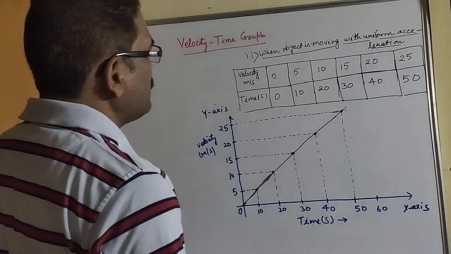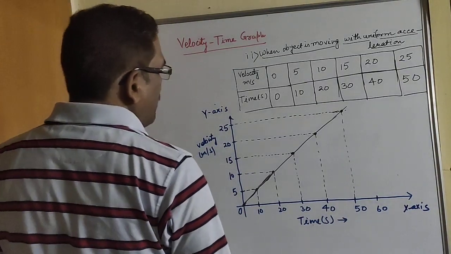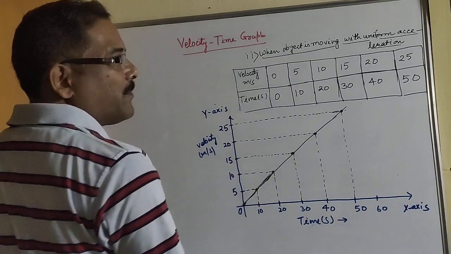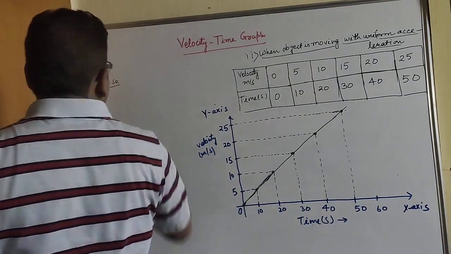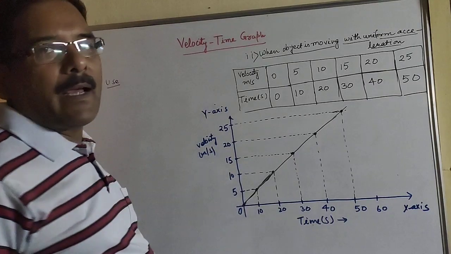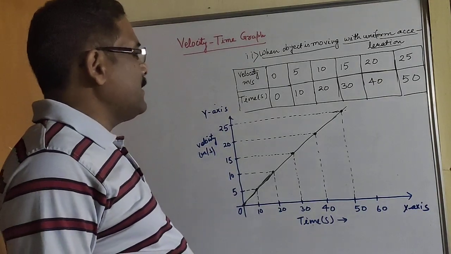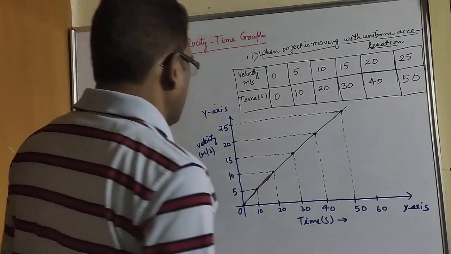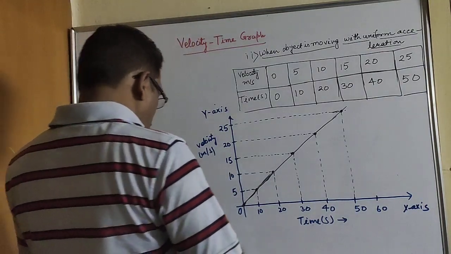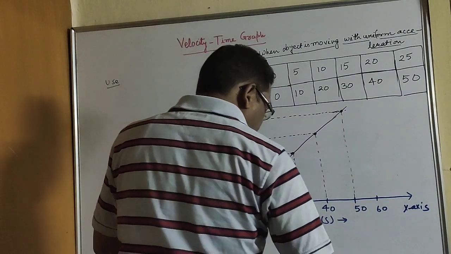Now again, what are the uses? First, that you can calculate the magnitude of displacement from this graph. Uses are, you can calculate the magnitude of displacement, and you can also calculate the acceleration. So suppose we are considering 2 points.